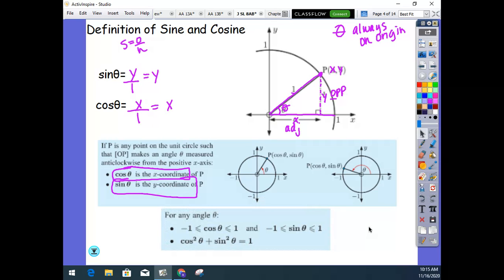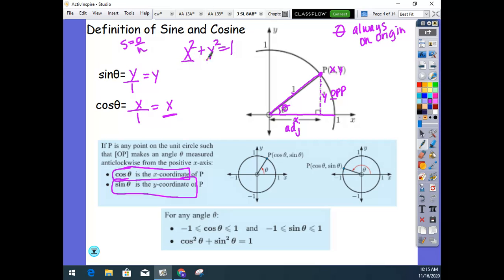Okay, so one of the things to keep in mind for sine and cosine, the value of sine and cosine always has to be between -1 and 1, because it's always going to be somewhere on this unit circle. And if cosine is the x, and we're starting with the general x squared plus y squared equals 1 is the basic circle equation.